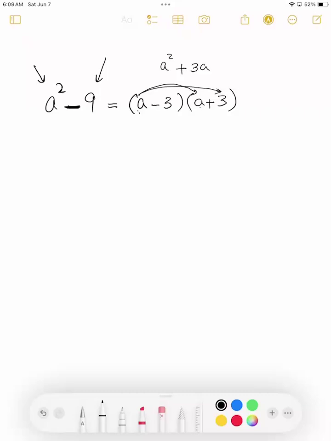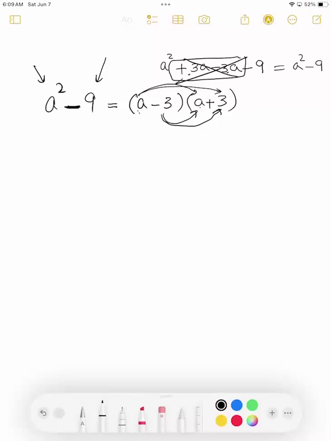Then you multiply negative 3 by a, you get negative 3a. Negative 3 times positive 3 is negative 9. Then you collect like terms. 3a take away 3a is 0. So you get a squared minus 9. So these two are the same things.